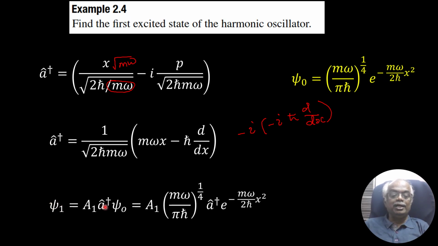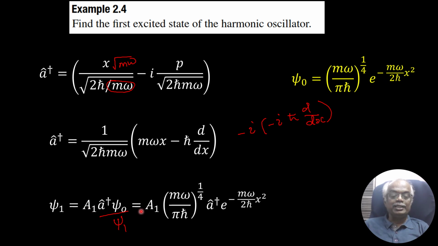If the rising operator, increasing operator or creation operator acts on psi naught, it will naturally produce psi 1. Now we are taking A1, which is the multiplicative factor of the normalization, for the first excited state psi 1.